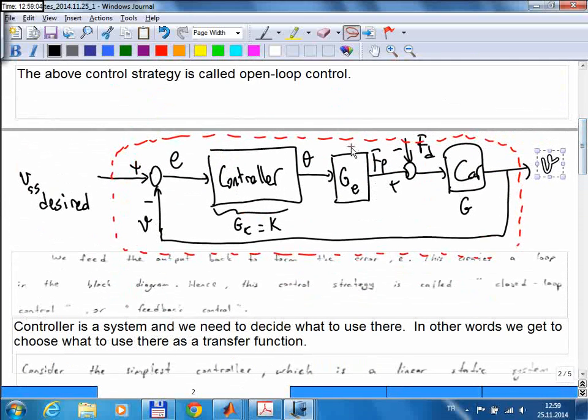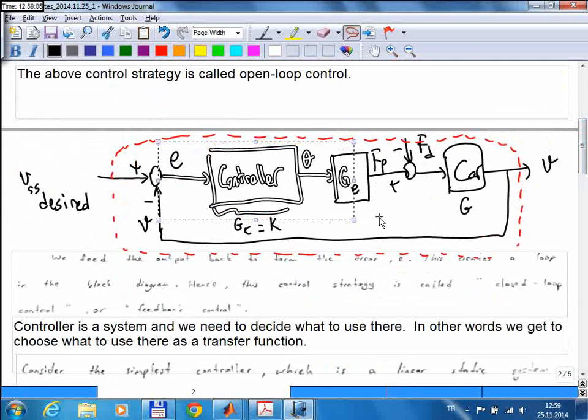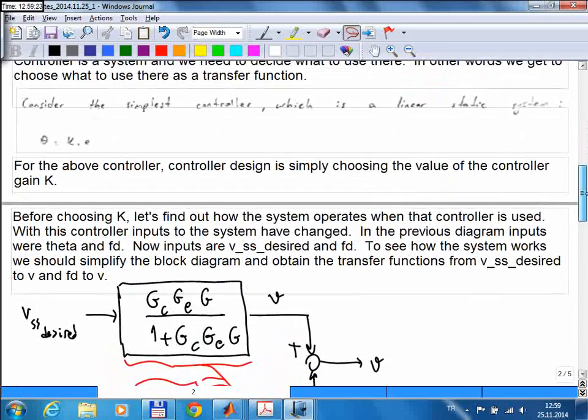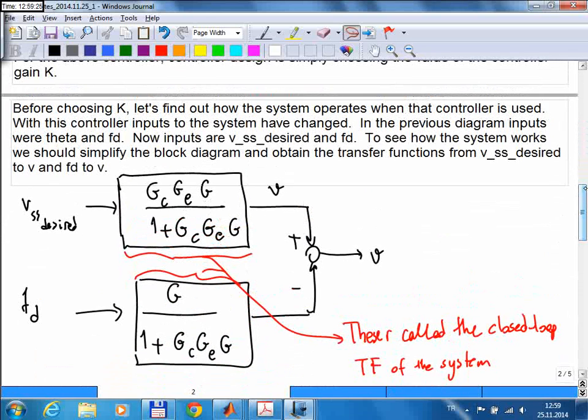So for example, you can just multiply these 2 blocks since they are connected in series, and then you will have this summation junction. You can move the summation junction to the other side of this block to combine it with this summation junction, and you can get the transfer function easily that way. And if you do all of that, these are the transfer functions that you will get. Okay.